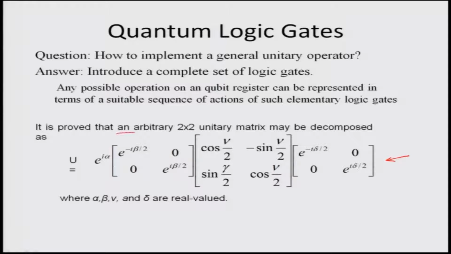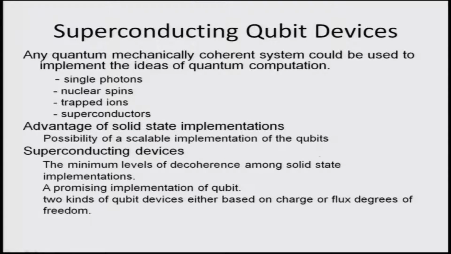Any arbitrary 2 by 2 unitary matrix may be decomposed into 1, 2, 3, 4 components, because this is how these can be represented. We have been discussing a lot about the superconducting qubit devices. So, let us look into this a little bit more in conjunction to these gates and qubits that we are talking about.